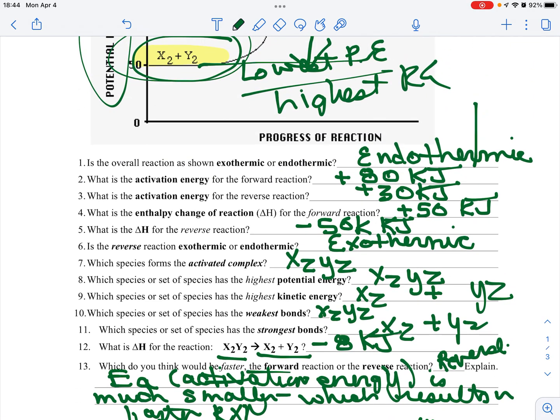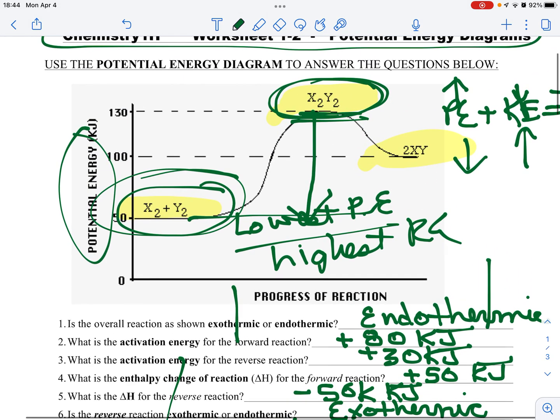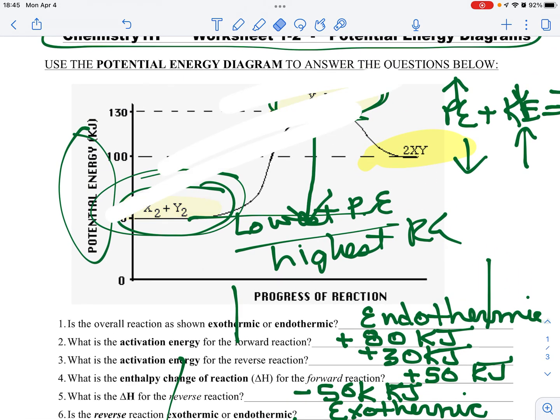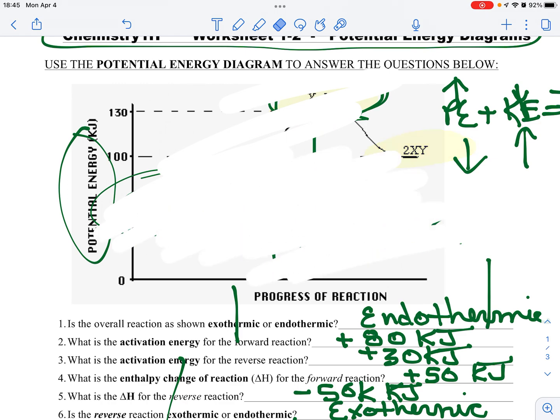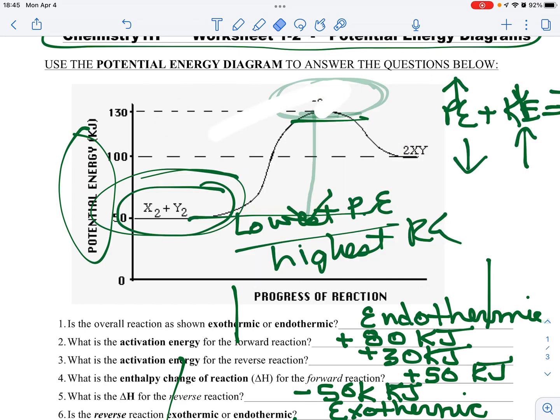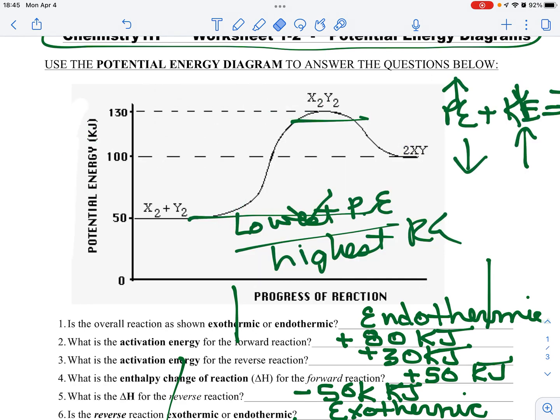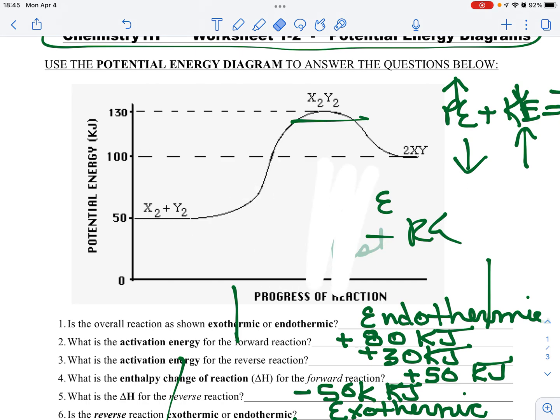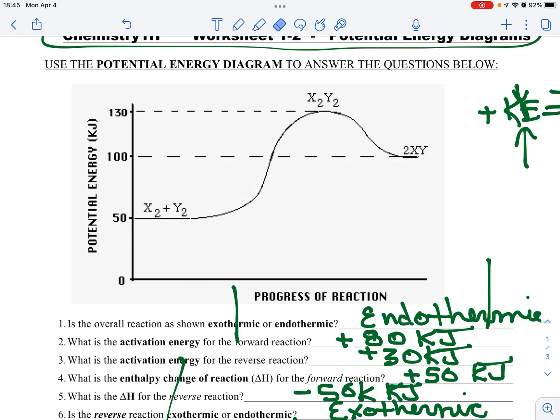Okay, let me see if I can figure out what they want me to do here. So I'm going to go up here. Whoopsie. I'm going to erase some of this. Oh my goodness, didn't really want to erase very well. Got to erase smaller pieces, I guess. Okay. So then my activation energy of my forward reaction is right here.